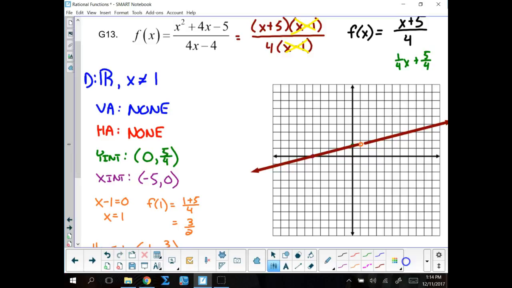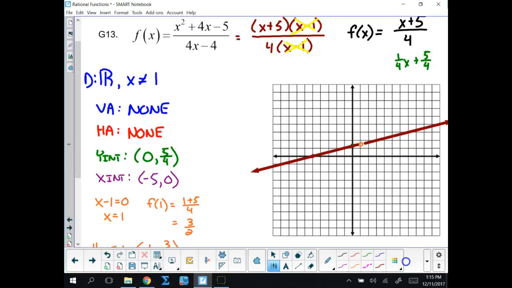Sure. What is it? As x goes to positive infinity, what does my function go to? Positive infinity. As x goes to negative infinity, what does my function go to? Negative infinity. Yep. And because there is no horizontal asymptote for it to go to. Remember? That was one thing that I'm starting to get a little frustrated with.